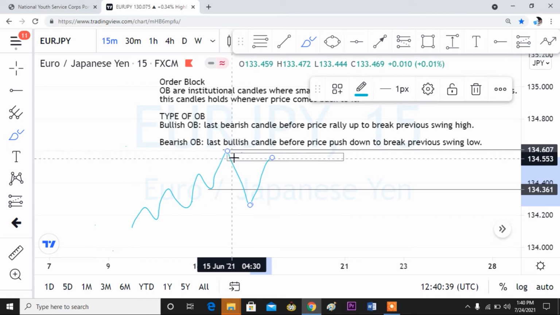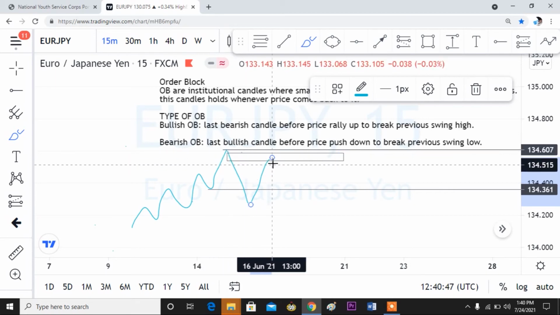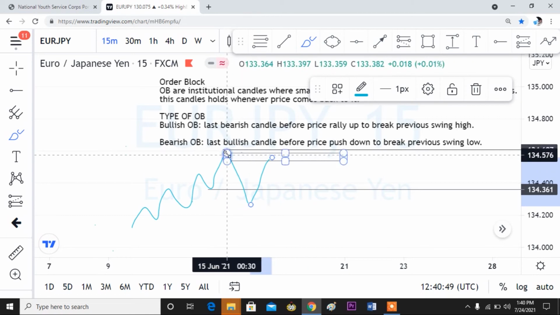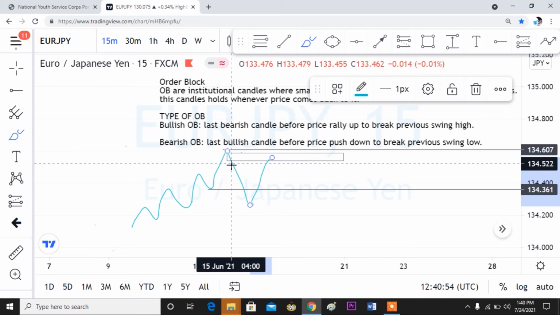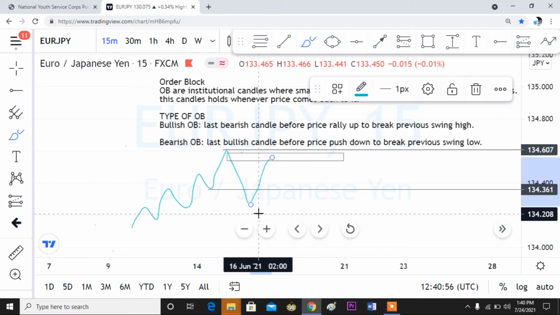Usually we take our position at the 50% fib level of the bullish candle, with our stop loss just above the wick of that bullish candle that resulted in the bearish move.